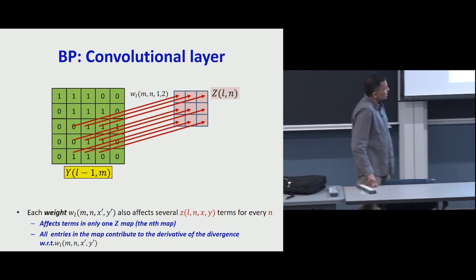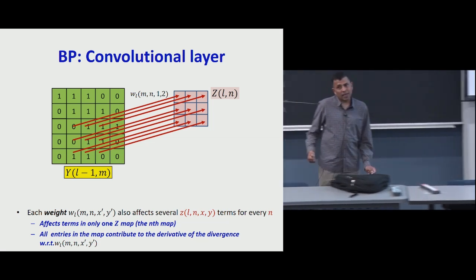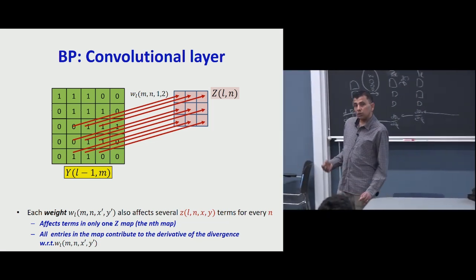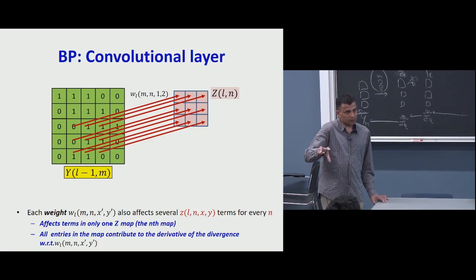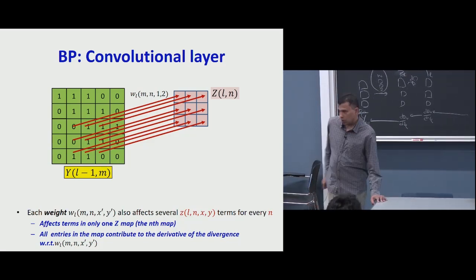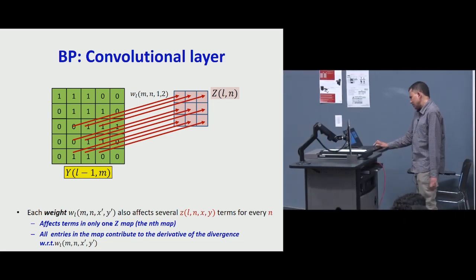So now, given this, if I want to compute the derivative with respect to this particular weight, I have to consider all of these relationships, right? So that will give me this guy here.